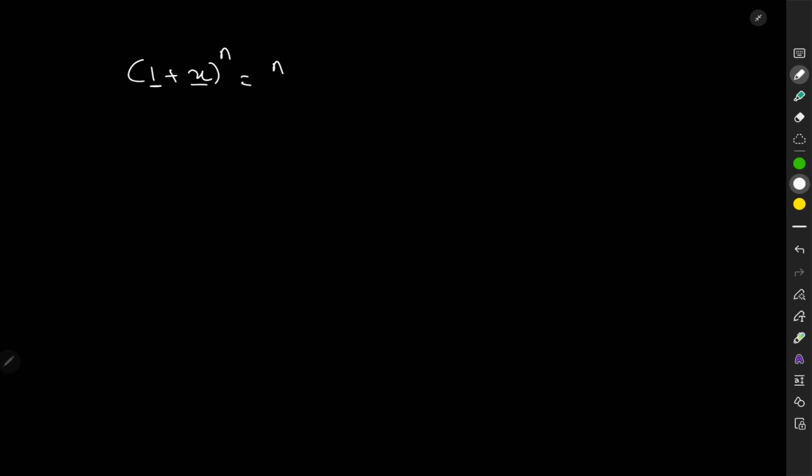You get NC0 x to the power 0, right, plus NC1 x to the power 1 plus NC2 x to the power 2 plus so on till NCn x to the power n, right?